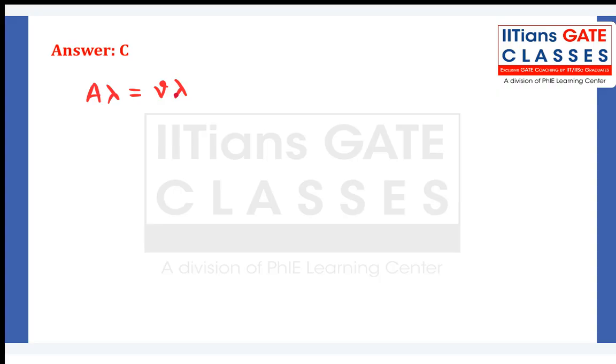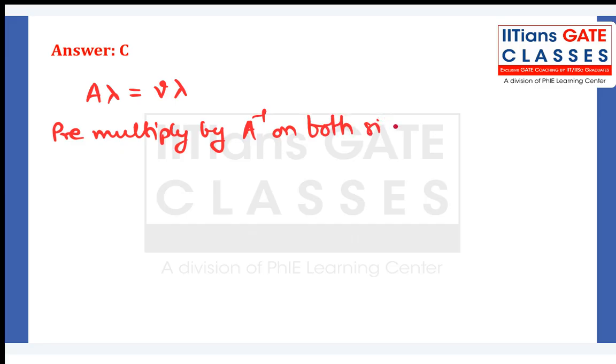So what you can do is pre-multiply by A inverse on both sides here. Then what happens? This is A inverse A V equal to A inverse lambda V. Sorry, this is A times V, not lambda, because A is a matrix.